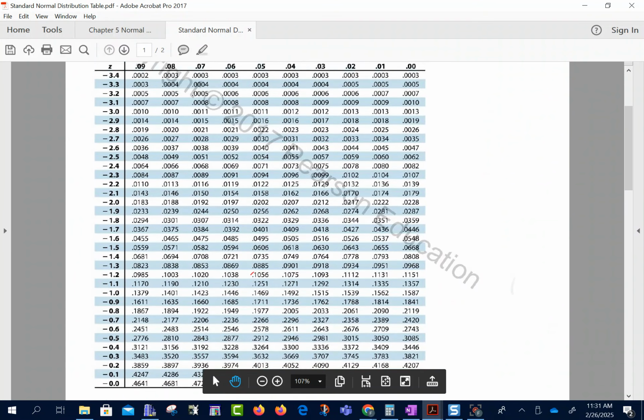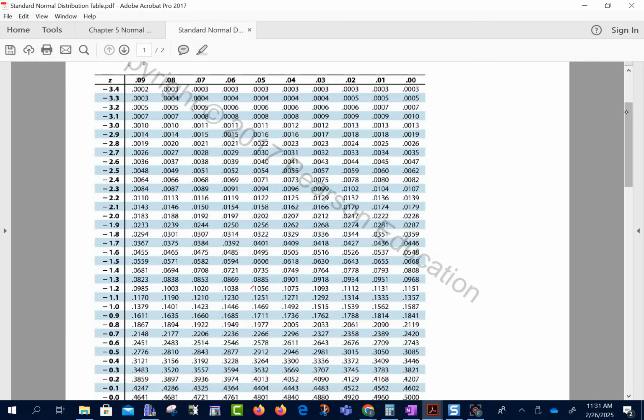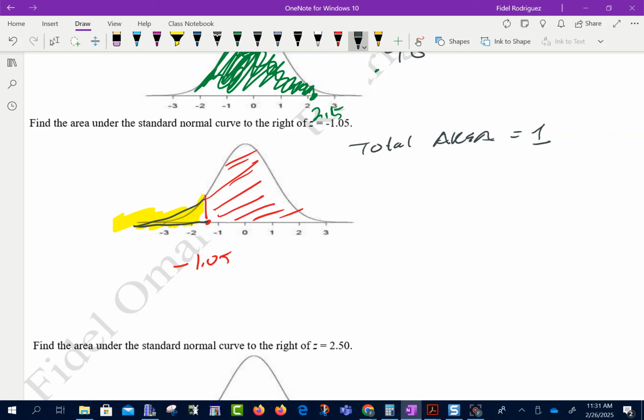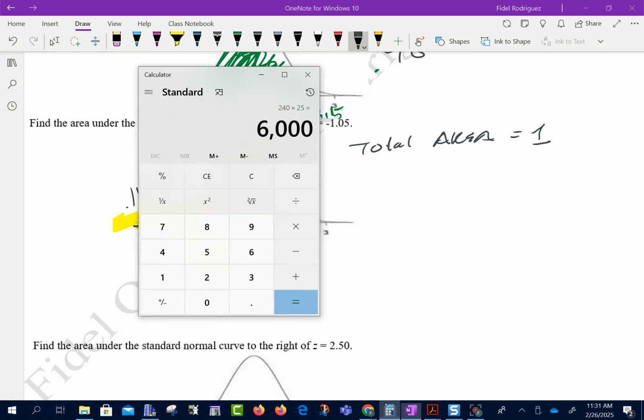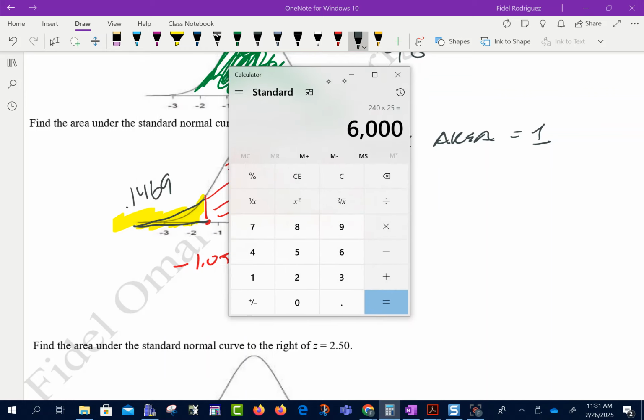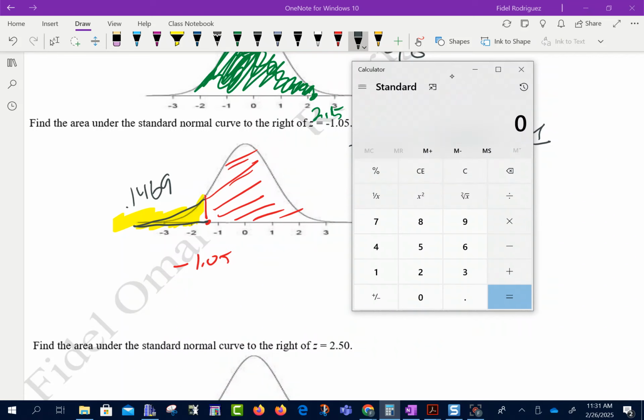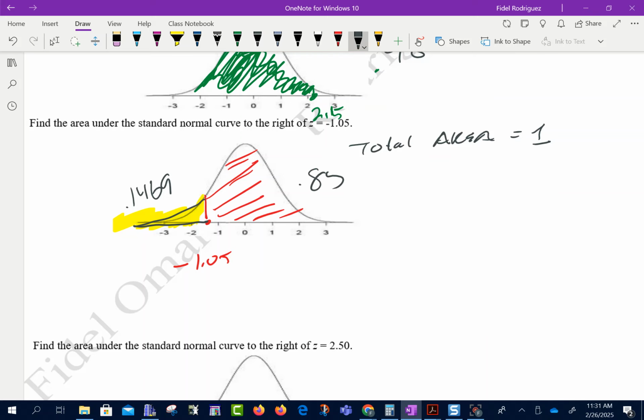Here we go, -1.05, right here, 0.1469. So this area is 0.1469. Now, if I want to find the area to the right, I can say, what's 1 minus 0.1469? Boom. And y'all, I'm coming up with 0.8531. That's one way we can do it using our table.